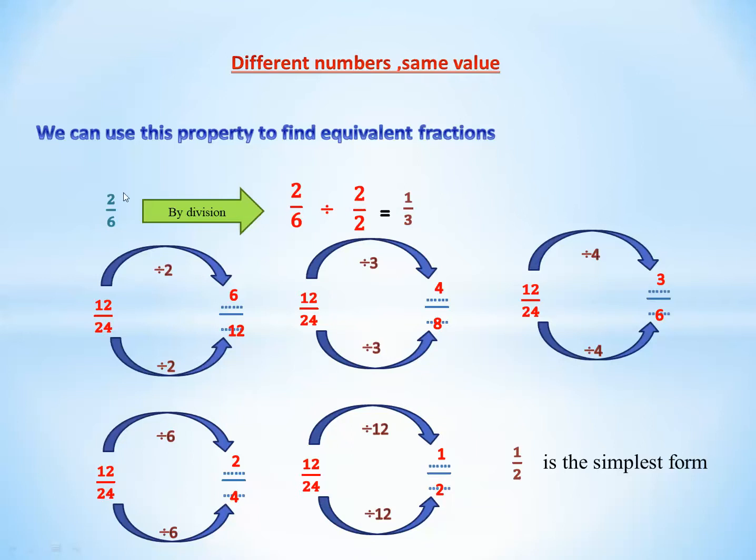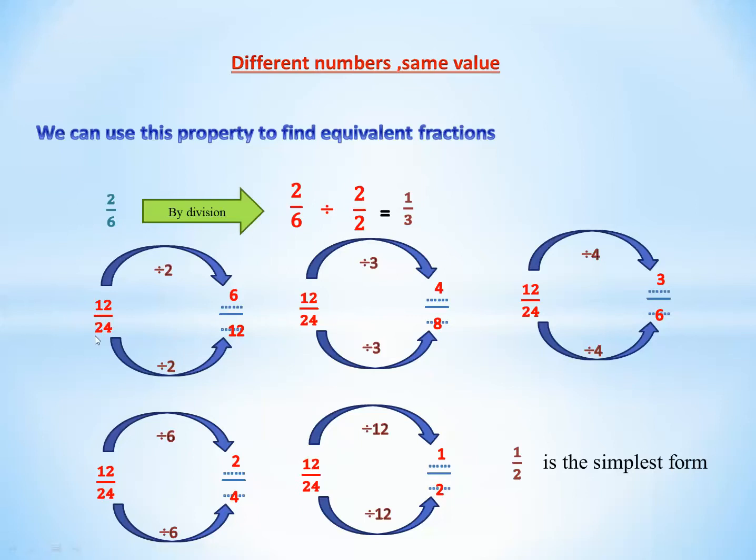Let's talk about this again. We can use this property to find equivalent fractions. 2 over 6: both of them are multiples of table 2, so we are going to divide them by 2.